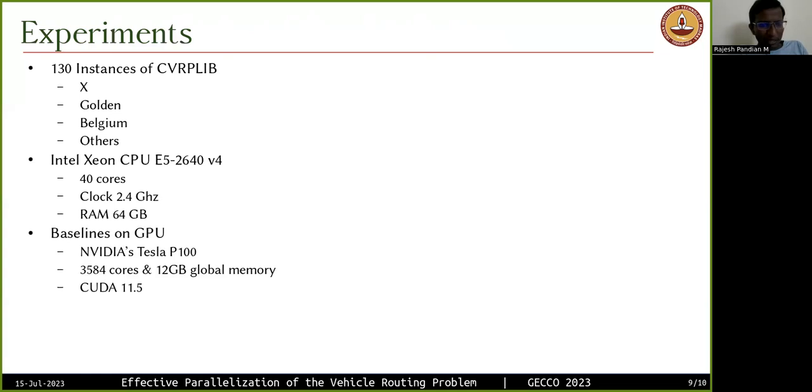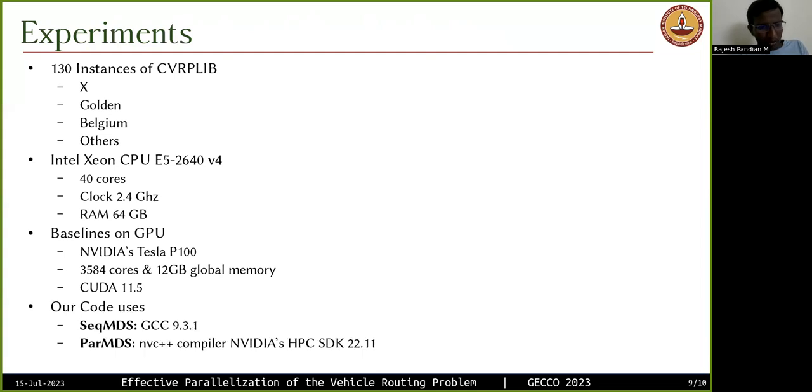All the GPU baselines are run on an NVIDIA Tesla P100 GPU, which has over 3,500 cores and 12 GB global memory, using CUDA 11.5. Our sequential MDS runs using GCC 9.1, whereas our PAR-MDS uses OpenMP parallelization, compiled with NVC++, the NVIDIA HPC SDK, the latest NVIDIA HPC toolkit.